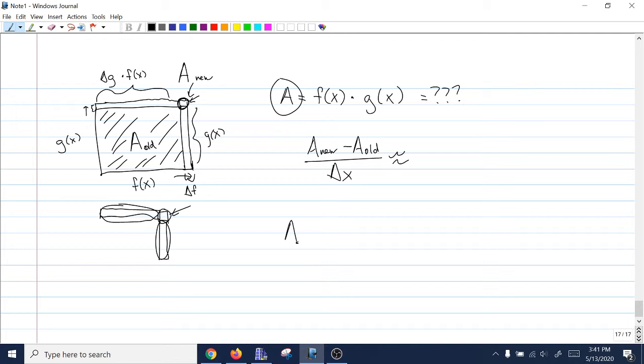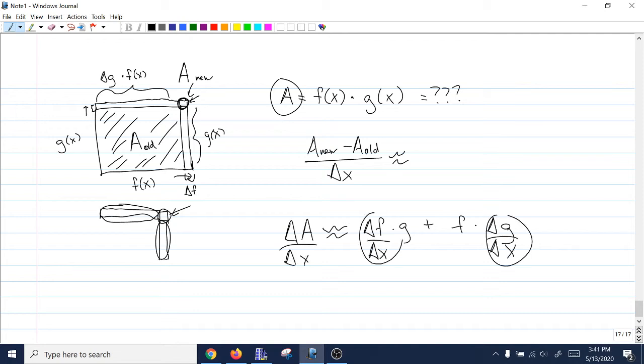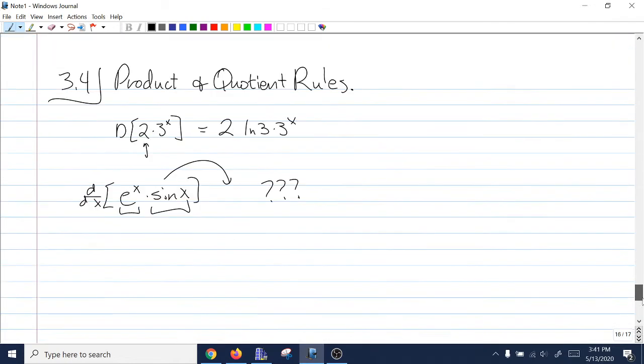We get that the change in area is about the change in f times g plus f times the change in g, the order we usually write these in. And if I divide all these by the change in x, these things become derivatives, and this is basically the way the product rule is usually written out.